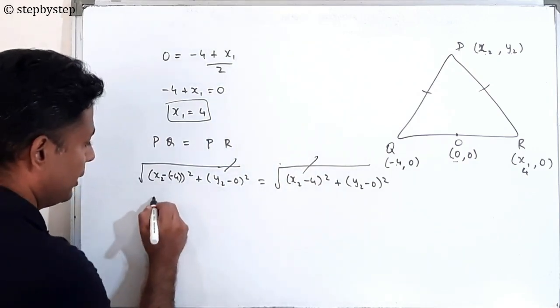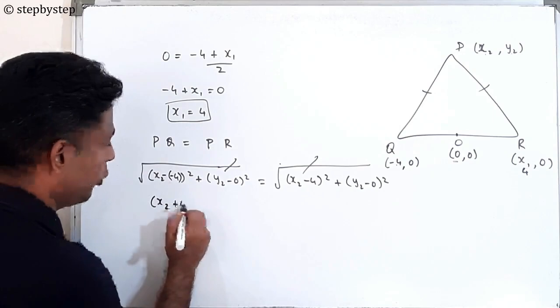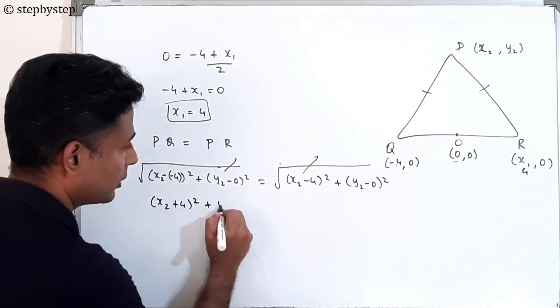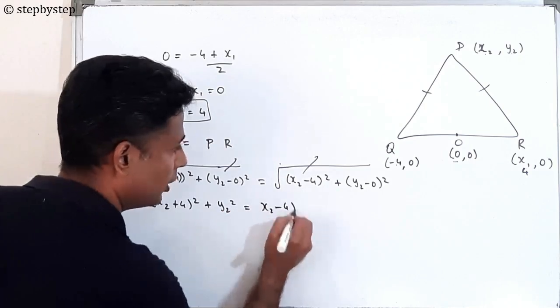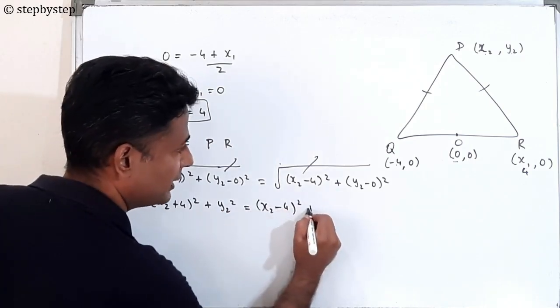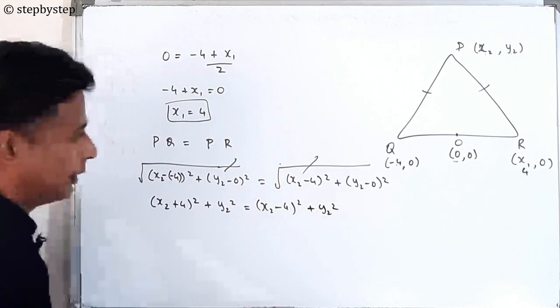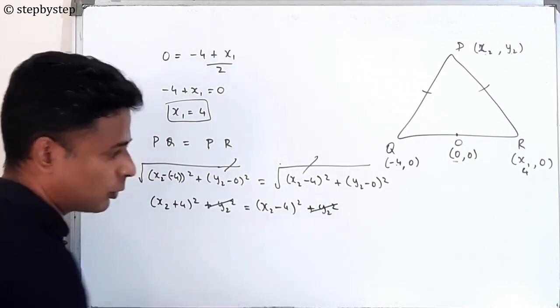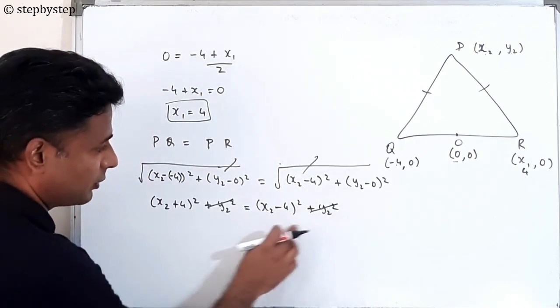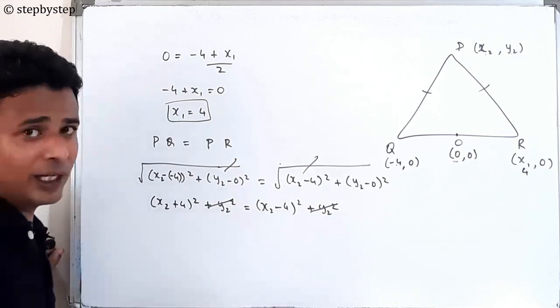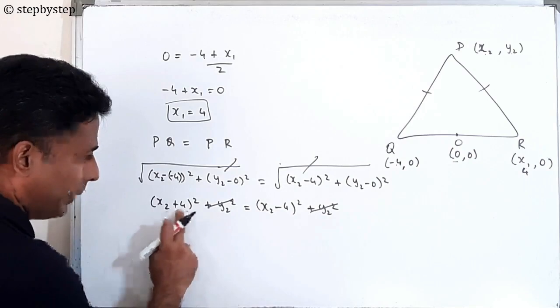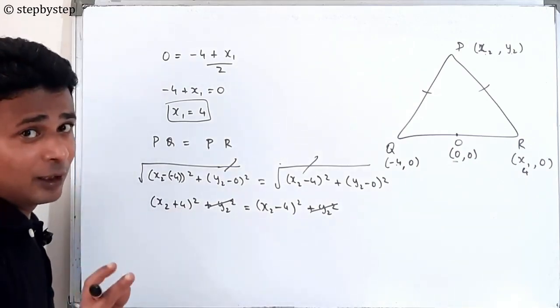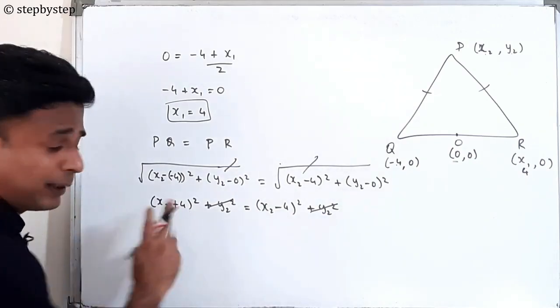So what do I get? (x2 plus 4) whole square plus y2 square equals (x2 minus 4) whole square plus y2 square. So plus y2 square will cancel, because when it comes to this side, it becomes minus. So y2 square minus y2 square is 0. Now apply the (a plus b) whole square formula. Please guys, don't be in a hurry and write it as x2 square plus 16.